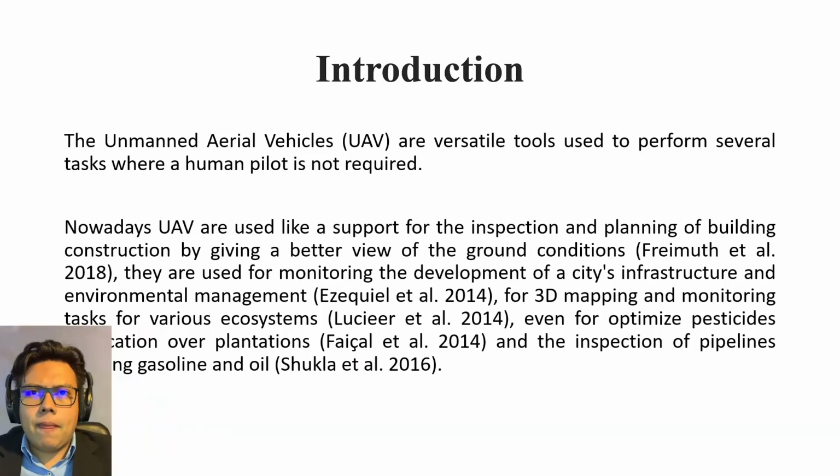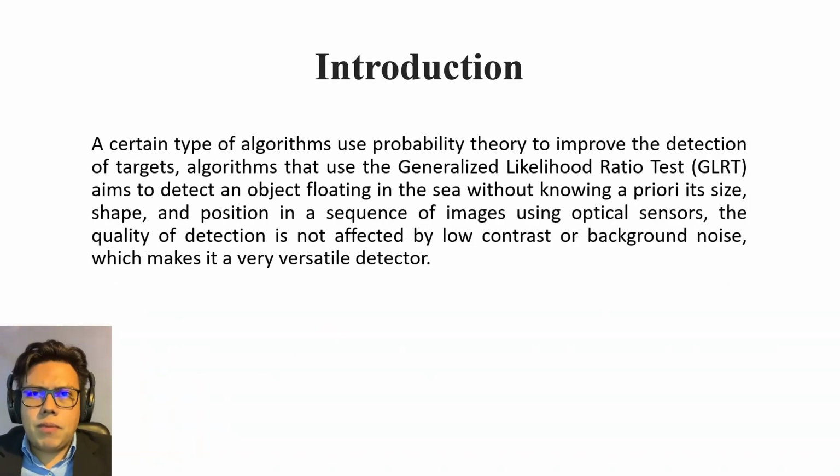UAV. The importance of UAVs is clear, and one of the most important things in UAVs is detection. There is a certain type of algorithm that uses probability to improve the detection of targets of interest, and they use a generalized likelihood ratio test, also known as GLRT.